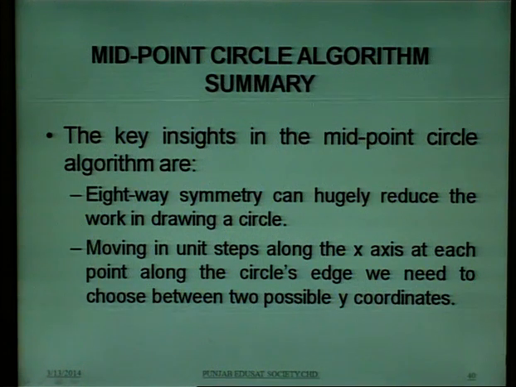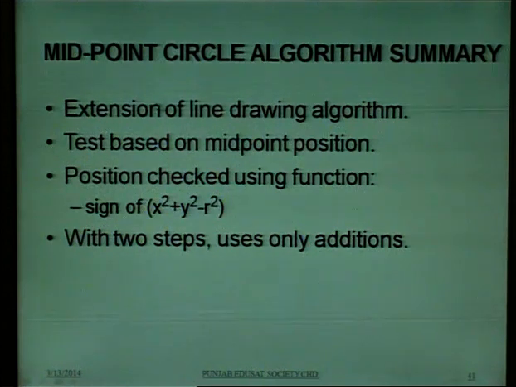So, this is the extension of the line drawing algorithm and it is a test based on the midpoint position. It is a test of drawing the circle based upon the midpoint position, that is the middle position of the pixel on the boundary of the circle.